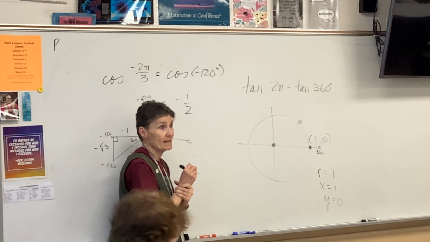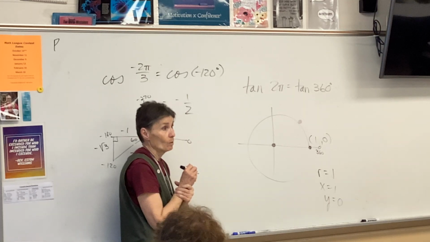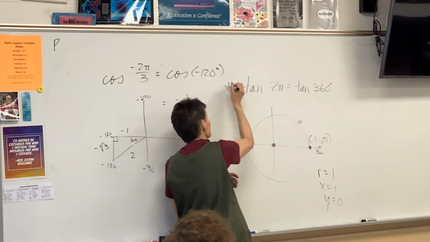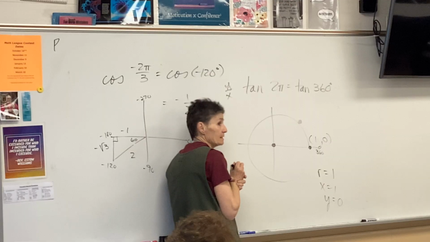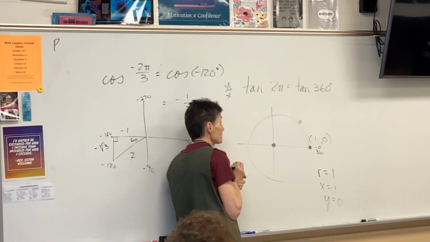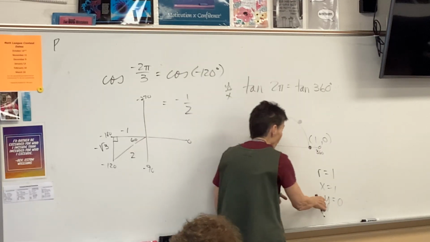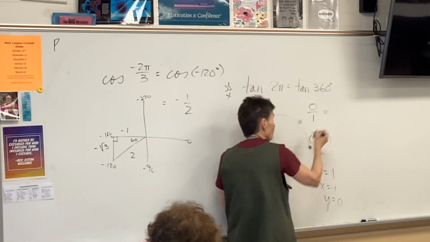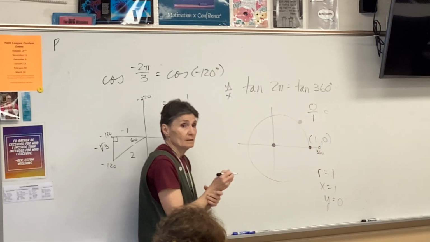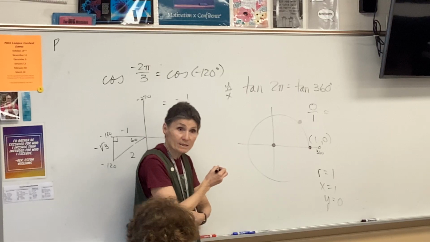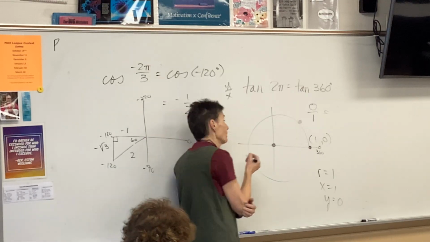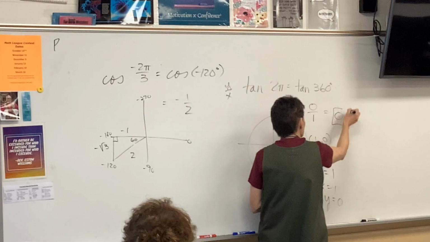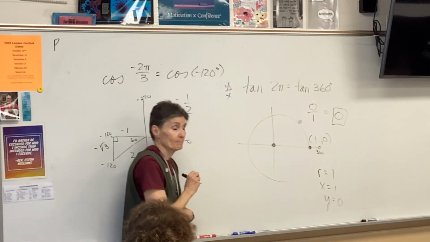Now I need tangent. Tangent is y over x. So if I put y over x, I literally get 0 over 1. And when the 0 is on the top, it's 0. So I'm going to write down 0 as my answer.